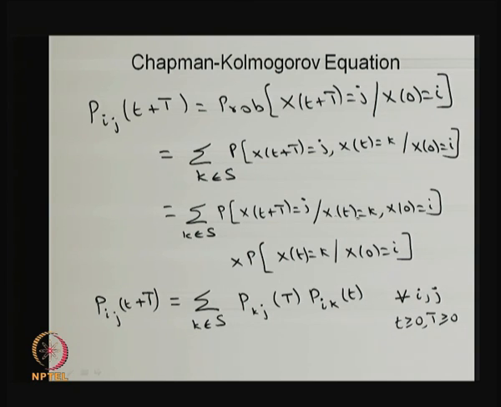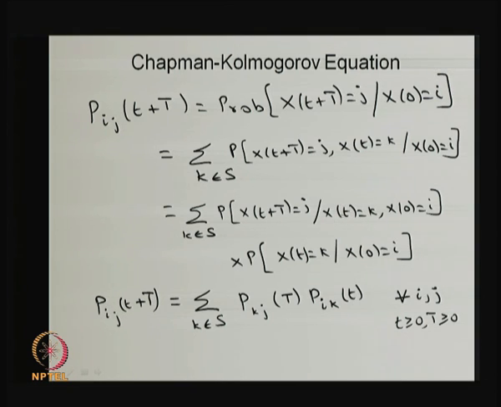Therefore, by using the Markov property of a continuous time Markov chain, this is the same as the probability that the system was in the state k at time small t and moves into the state j at the time point t plus capital T. Again, you use the time homogeneous property.